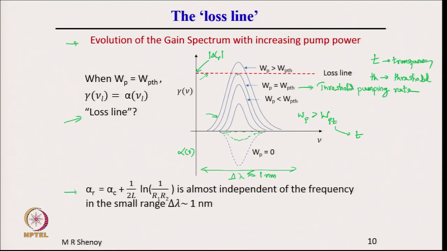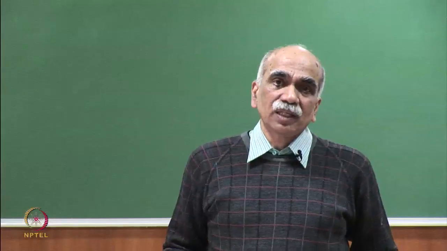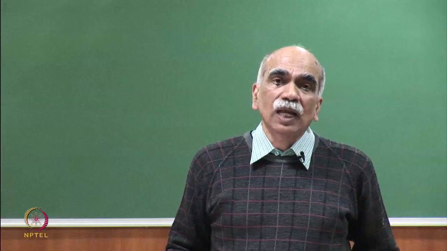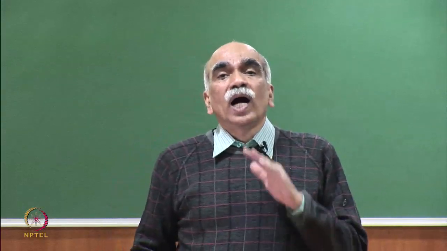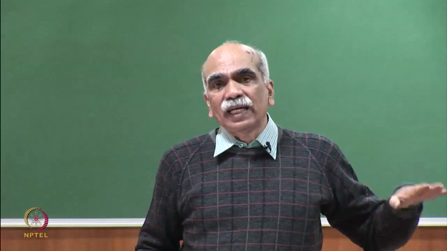See here, alpha r is almost independent of the frequency in the small range of approximately 1 nanometer. That is why we have shown the loss as a loss line. So, this is the loss line. We will be using this loss line several times in the next few classes, and that is why I thought here we should explain why loss is shown as a line.